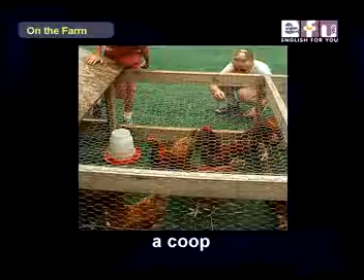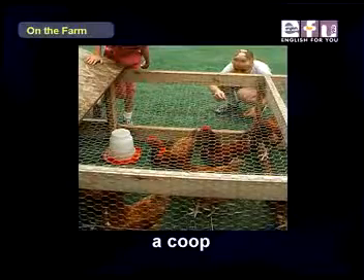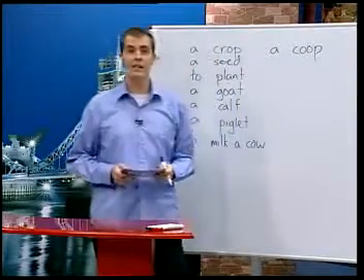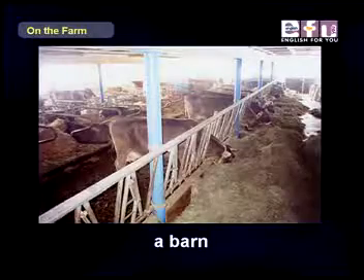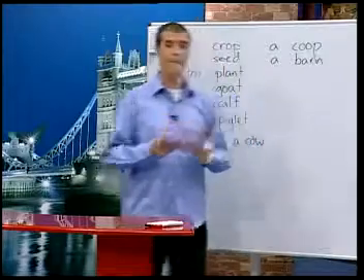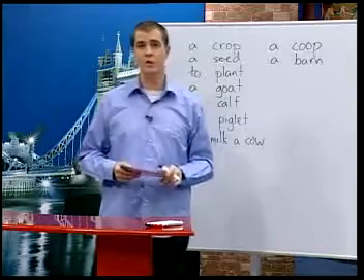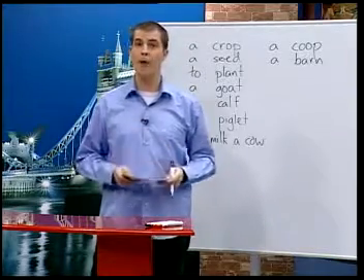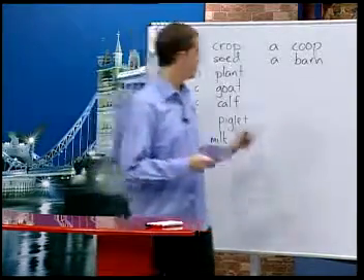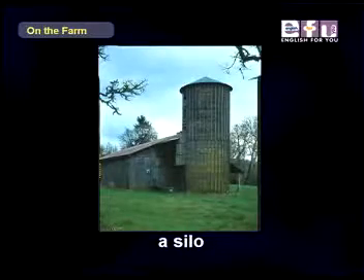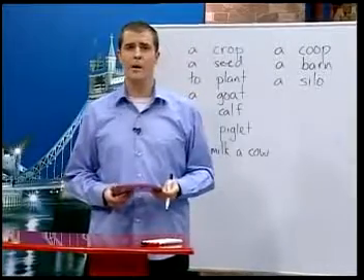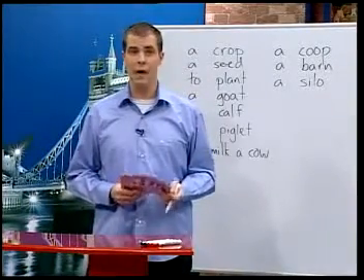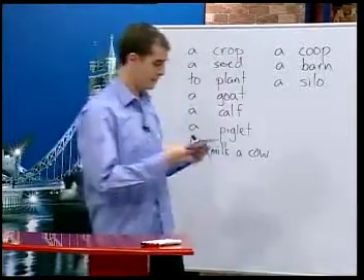Okay, we'll go over here for the next ones. We have a coop. Chickens live in a coop. A barn is a large building used for keeping crops or animals in. A silo is a building that looks like a tower, and it's used to keep grain inside the tower.